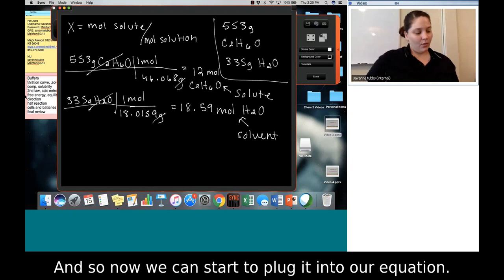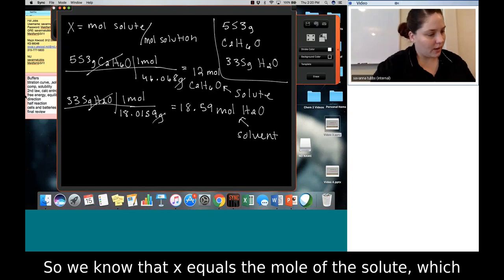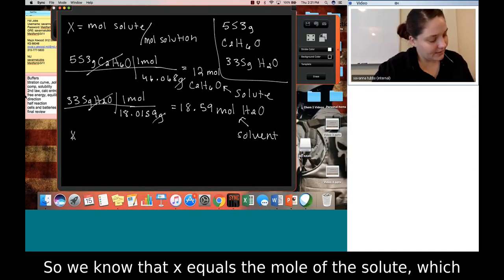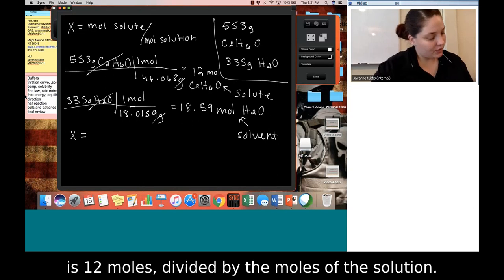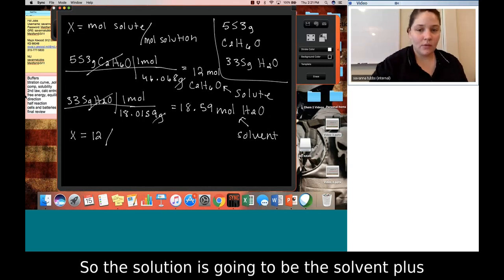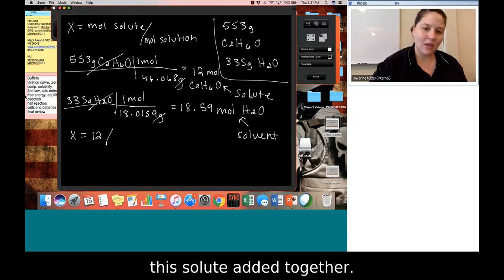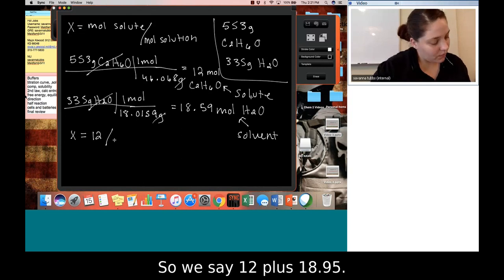And so now we can start to plug it into our equation. We know that X equals the moles of the solute, which is 12 moles, divided by the moles of the solution. The solution is going to be the solvent plus the solute added together. So we say 12 plus 18.95.